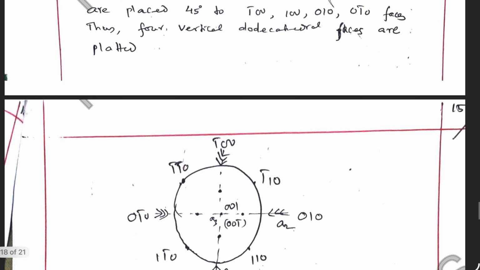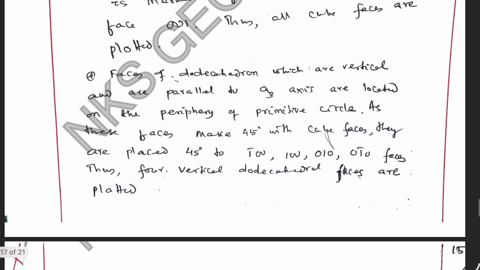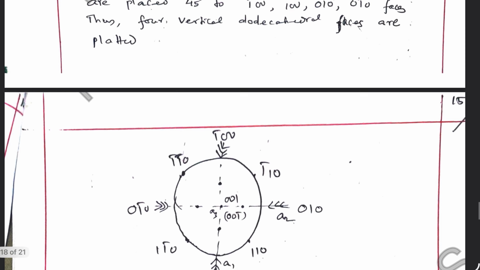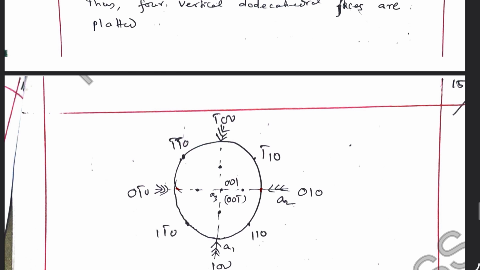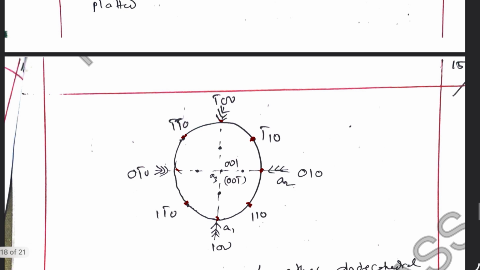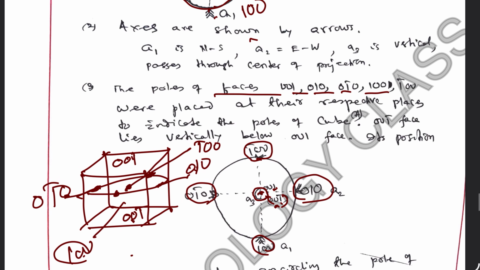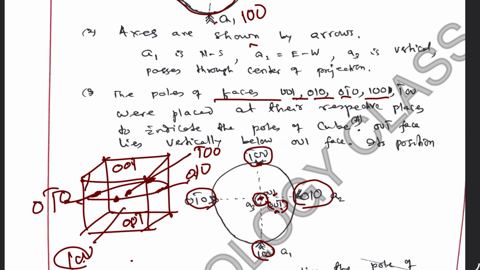So these are the positions of the cube faces. From here 45 degrees, from here 45 degrees, one face, here 45 degrees another face, here 45 another face, here 45 degrees. These are the 4 vertical rhomb dodecahedral faces located on the primitive circle.